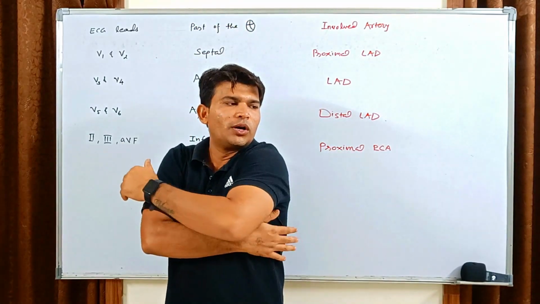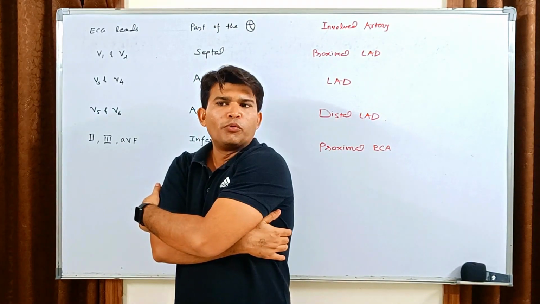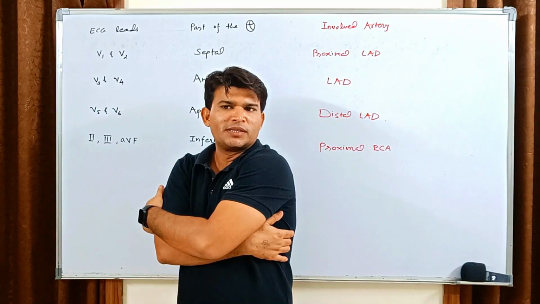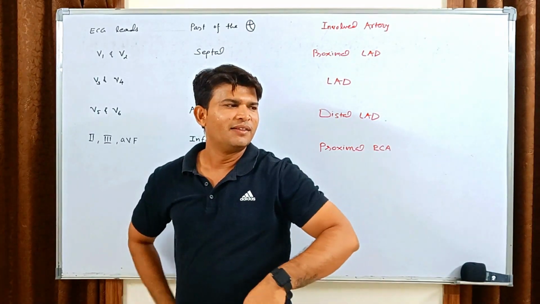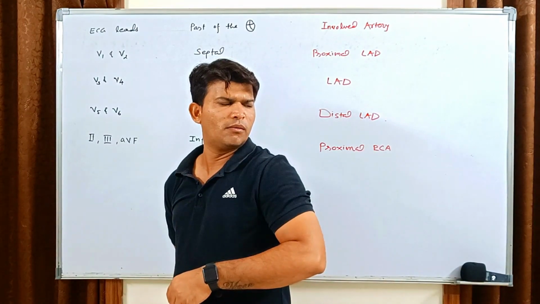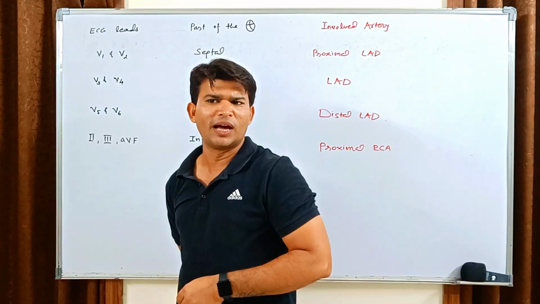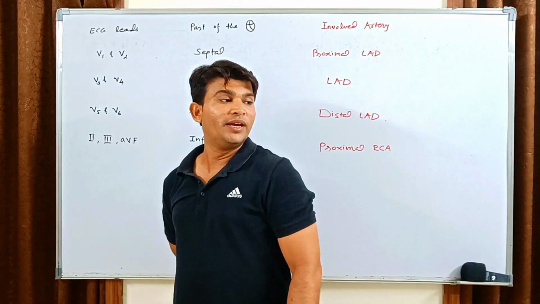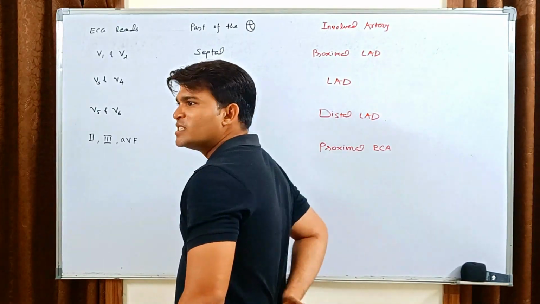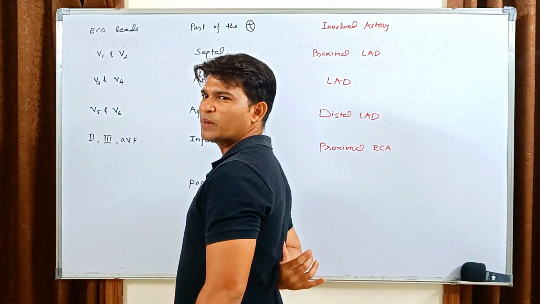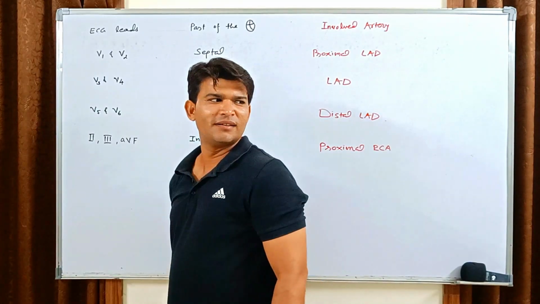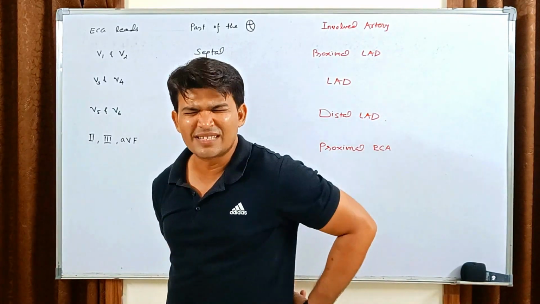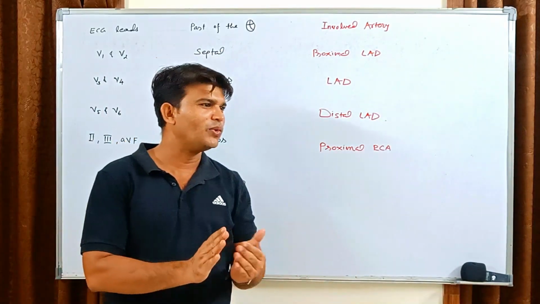So V7 is the posterior axillary line, fifth intercostal space. Then V8 is located at the inferior border of the scapula. And V9 is paraspinal, on the left side, near the paraspinal area, next to V8, right?